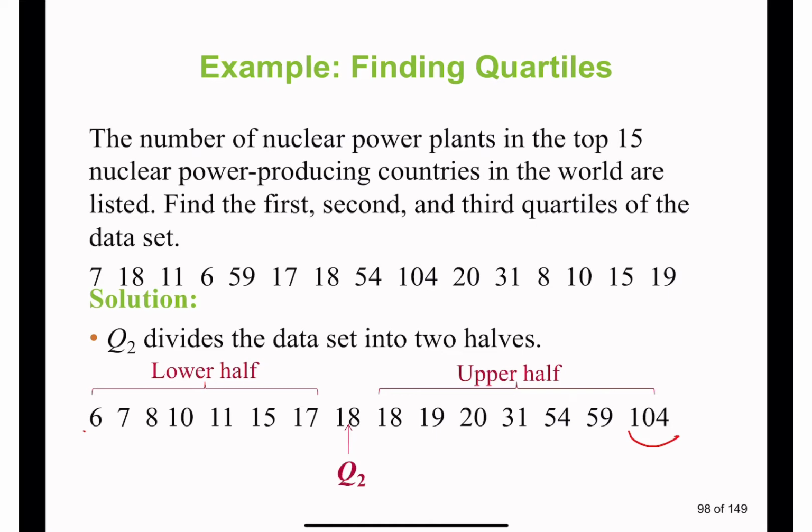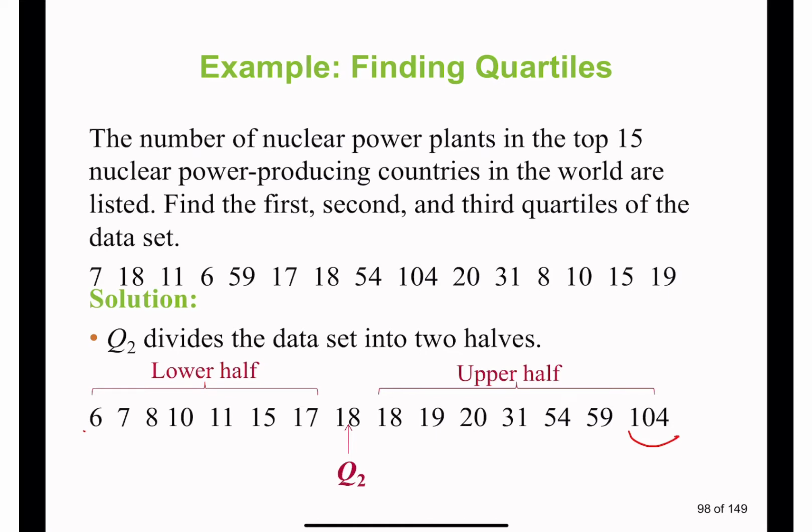Okay, so let's find first quartile, second quartile, and third quartile. We start with the second quartile, not the first one, because it will be difficult to break down into 4 pieces just like that. The easiest way is to make a half, and then that will create 2 halves, and then take each half and break it into another half also.